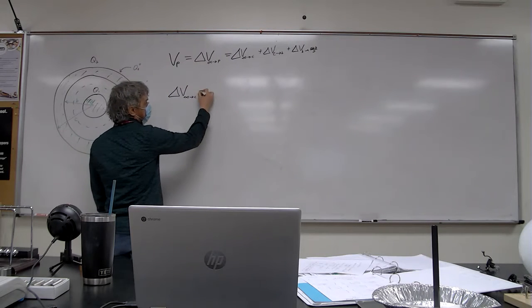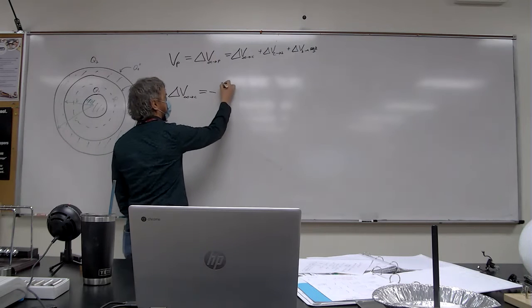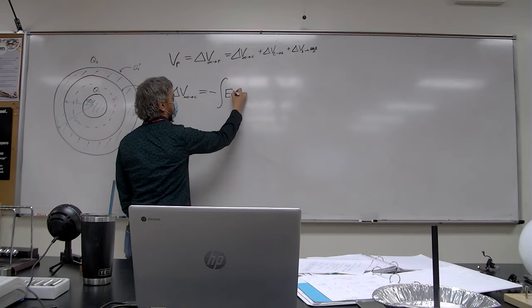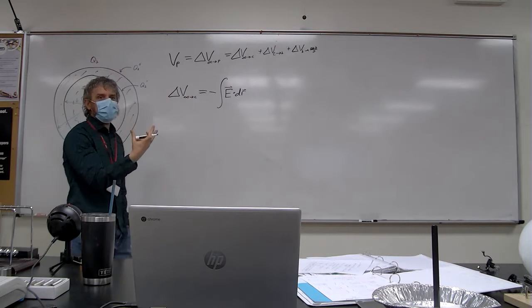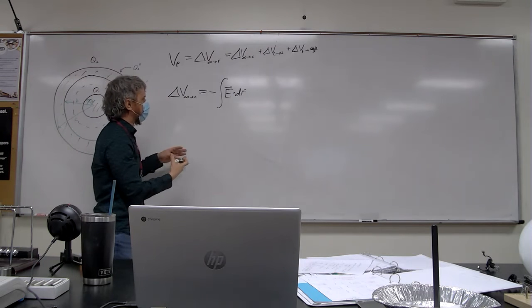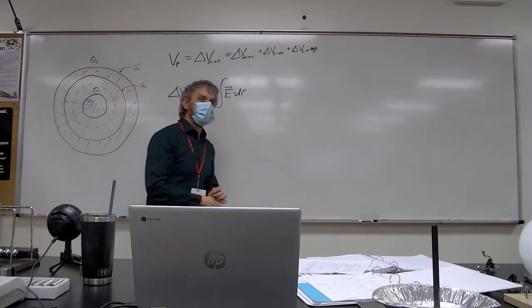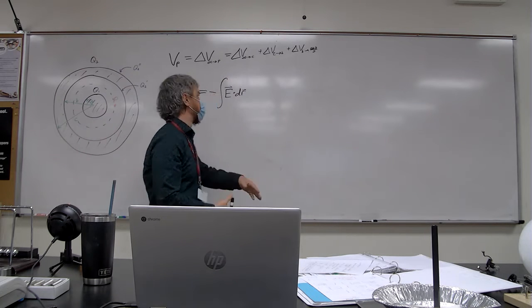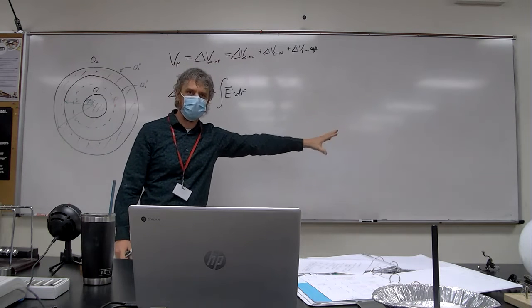So that's going to be, and again, on the formula sheet, it says delta V equals the negative integral of E dot dr. But potential difference is always the final minus the initial. So if it's final minus initial, it's the potential at C minus the potential at infinity, right?